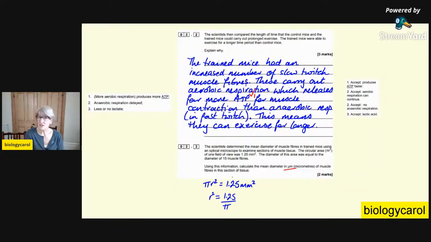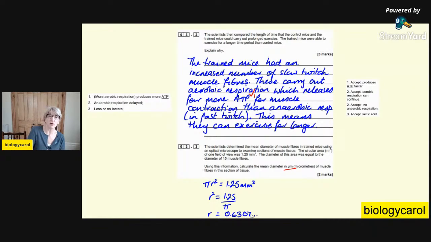So this involves rearranging equations. Pi r squared equals 1.25 millimeters squared. Therefore, r squared equals 1.25 divided by pi, which equals this. When I do the dot, dot, dots, it means I can't be bothered to write out everything else on the calculator. I have not rounded this last number because this should be held in your calculator.